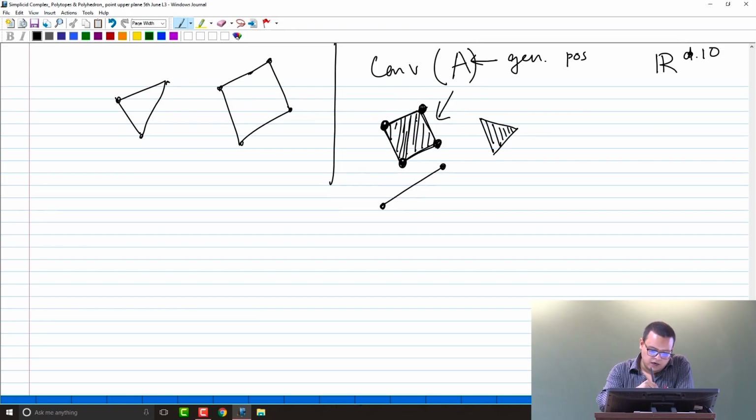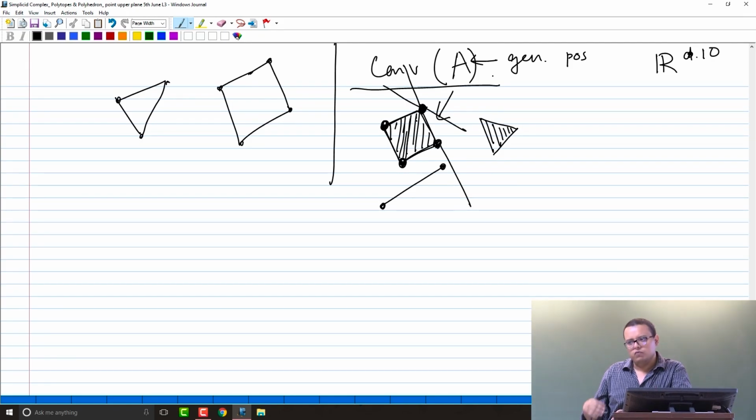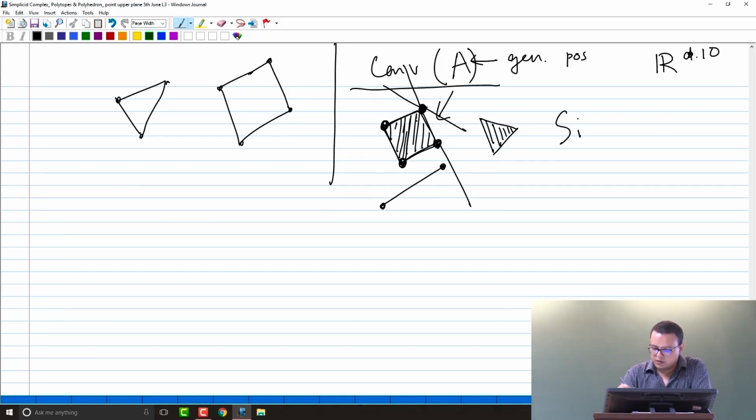A line can support a vertex, a line can support this edge. So these 4 points are okay in R2, but anything above that will not work. The only thing you have to remember is, if A is in general position, the faces of the convex hull of A will be simplices basically. These are what are called simplicial polytopes.